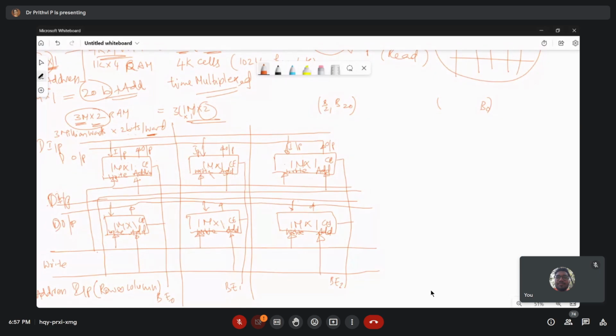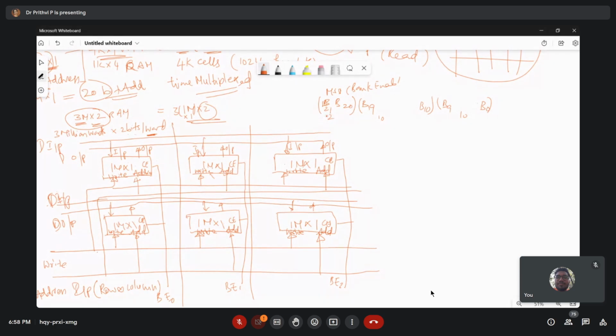So the last 2 MSB bits will be taken for bank enabling. And the remaining B19 to B10 and B0 to B9, means 10 plus 10, 20. These are 10 bits, these are 10 bits, and these are 2 bits. So 22 bits are given.